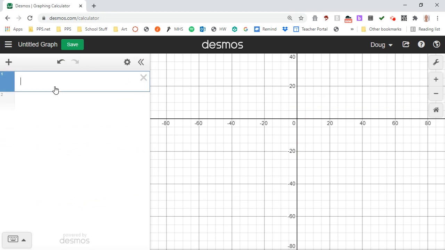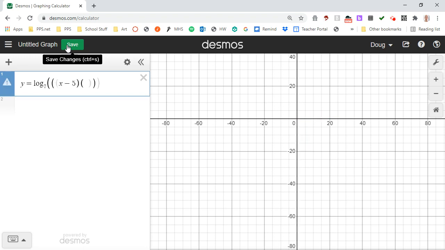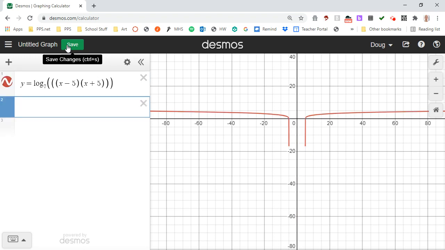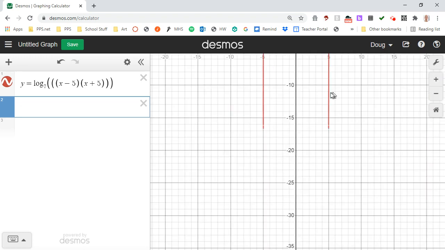So y equals log base 7 of the quantity x minus 5 times the quantity x plus 5. So let's zoom in.